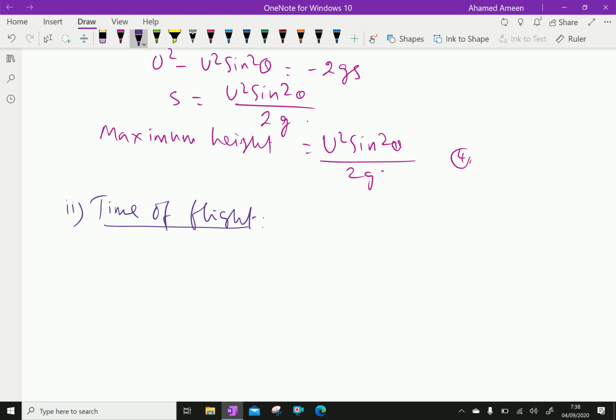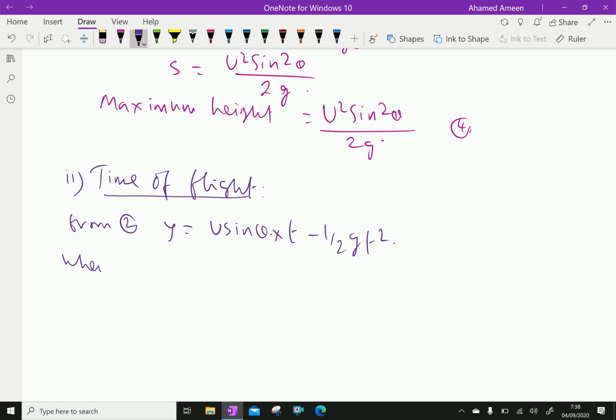Here we have the equation y equals u sine theta into t minus half g t squared.